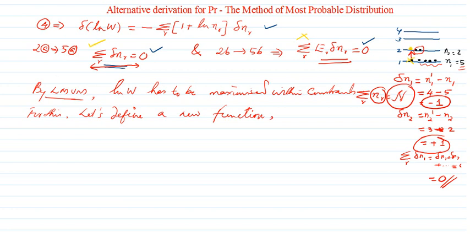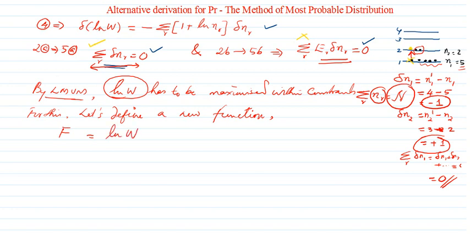I'm calling that new function f, for function. So what is this f including? f includes the original function to be maximized. Remember, the method should be understood. The new function will include the original function which has to be maximized, so I'm writing f is equal to log w.